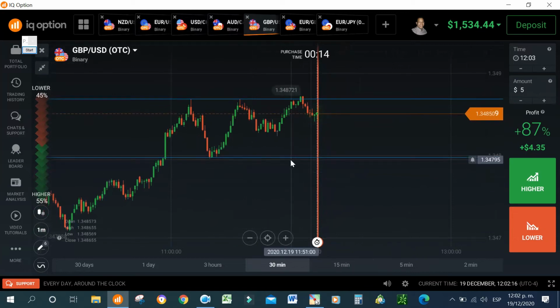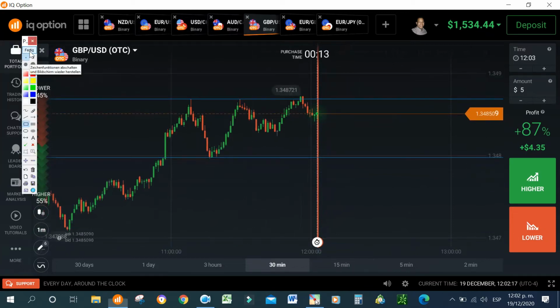So let's check here. Here we had a good entry with this candlestick pattern. This is a very important resistance level.